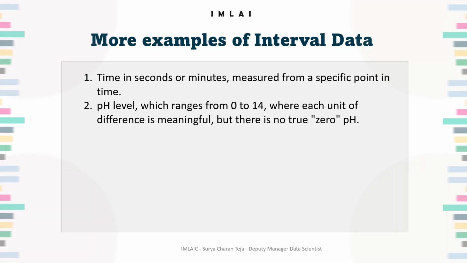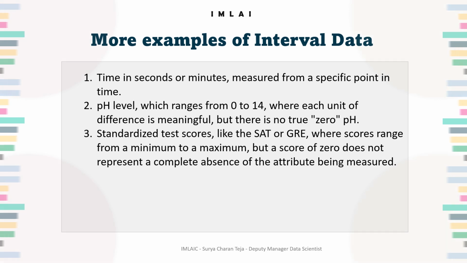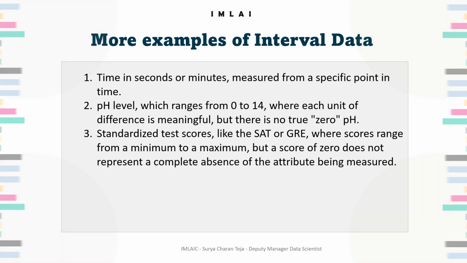And standardized test scores like SAT or GRE, where scores range from a minimum to a maximum, but a score of 0 does not represent a complete absence of the attribute being measured.